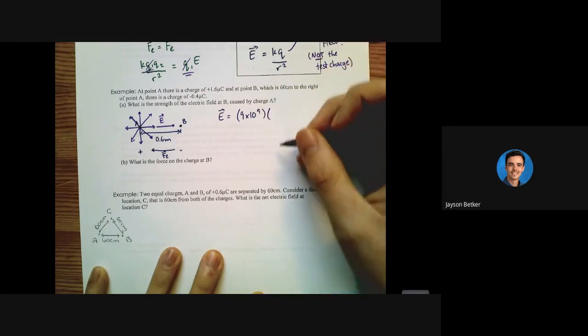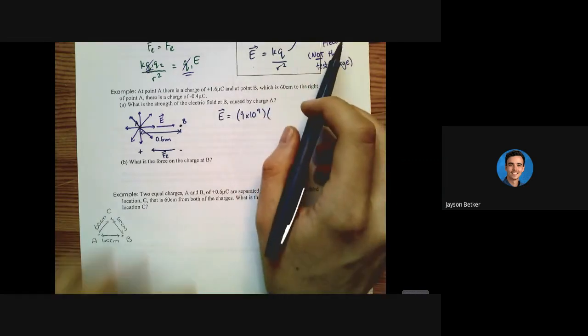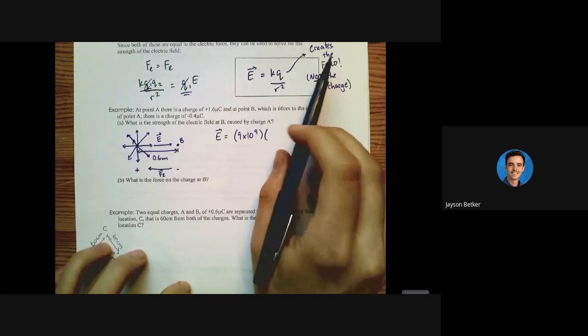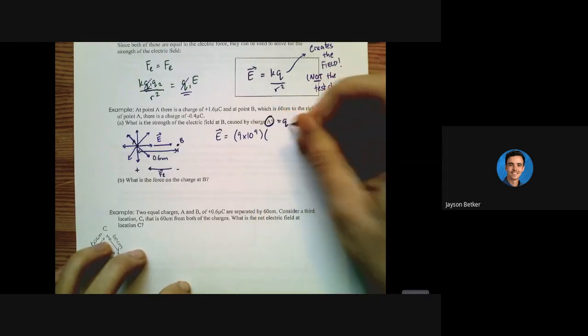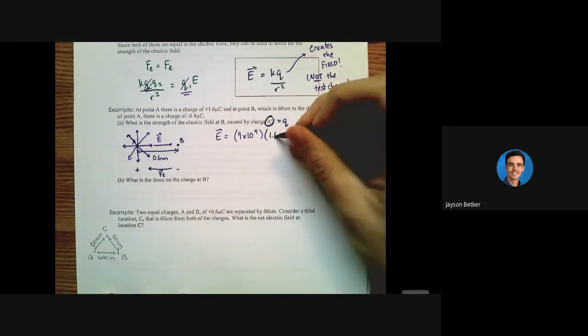And then our Q value, okay, so which Q do we want? We want the Q that creates the field, not the test charge. So in this case, A is our Q. It creates the field. So 1.6 microcoulombs.